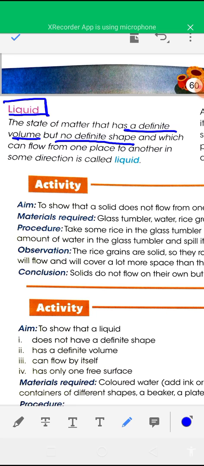Solid state has definite shape and definite volume both, but liquid state has a definite volume but no definite shape, and liquid can flow from one place to another place. Okay, so liquid state is the state of matter that has a definite volume but no definite shape and which can flow from one place to another place.